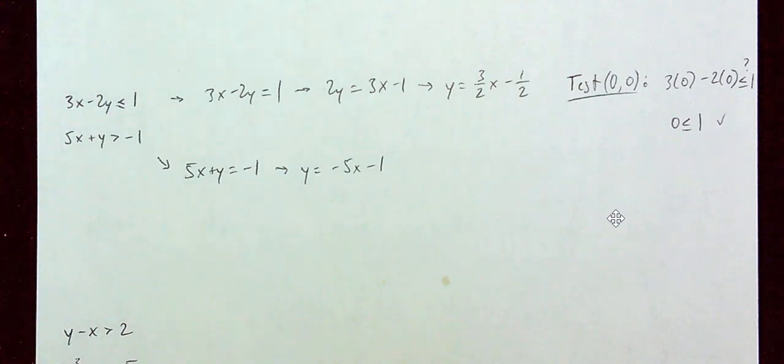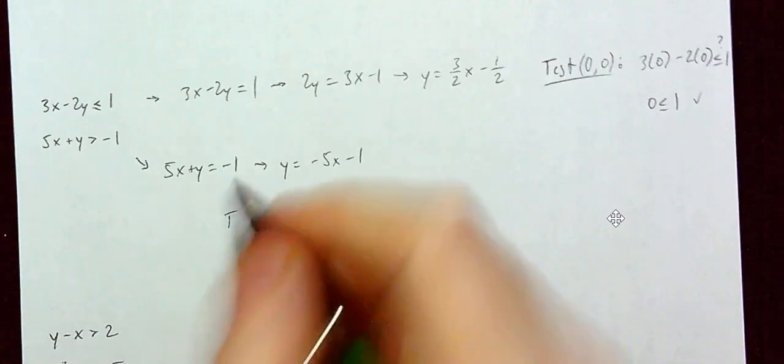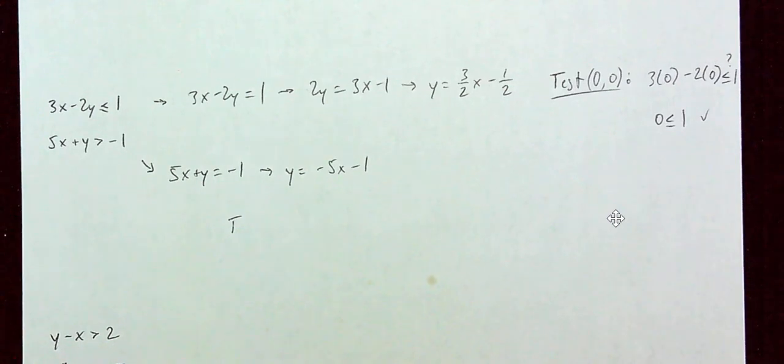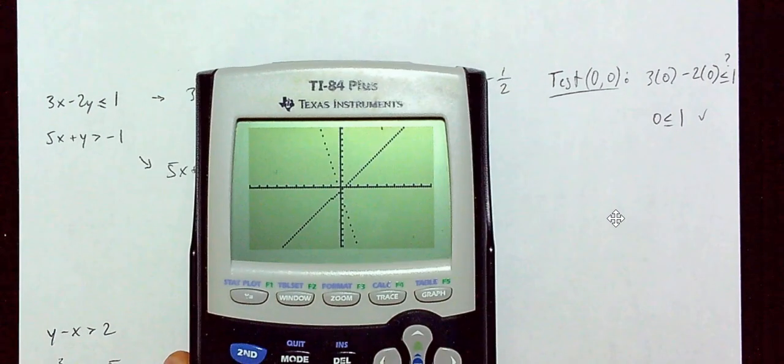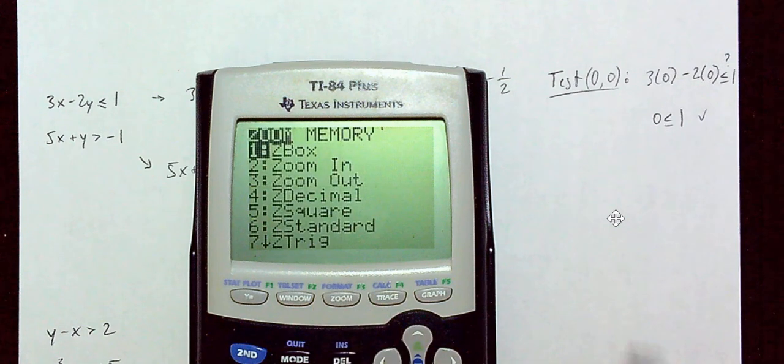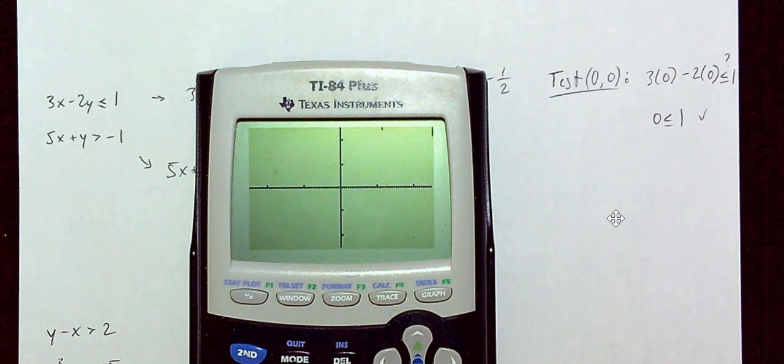Let's take a point and let's test it. If you zoom in at the origin, you'll see that this dashed line does not go through the point 0, 0. It would not go through it if that line was completely filled in. So we can test 0, 0.